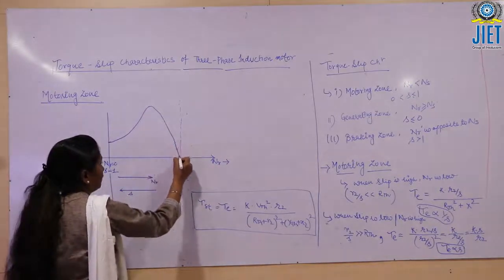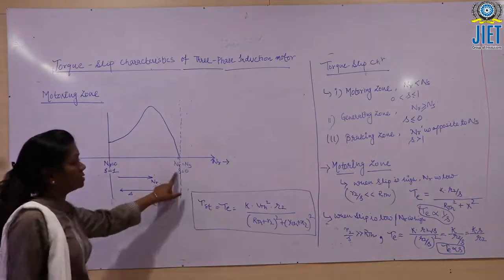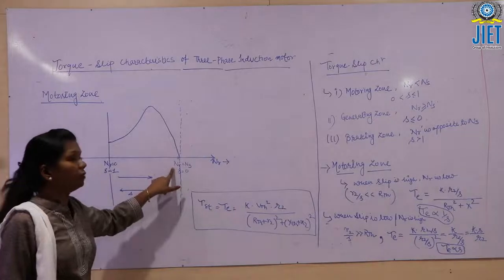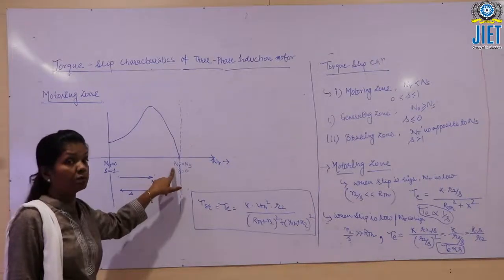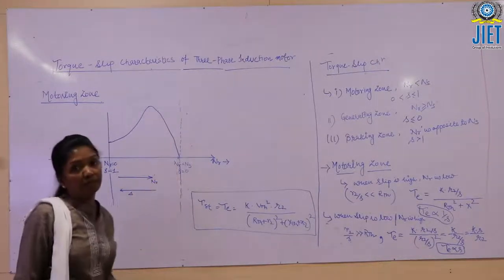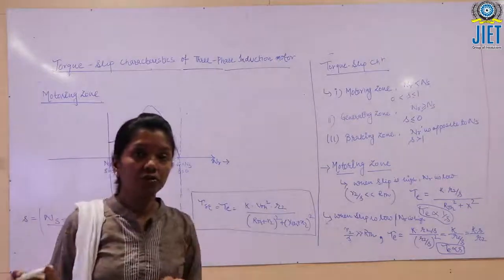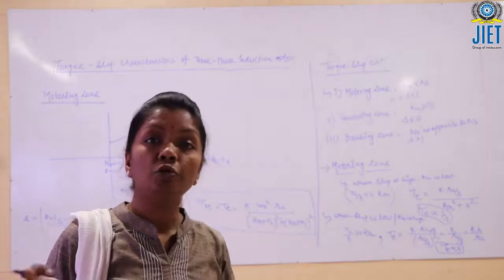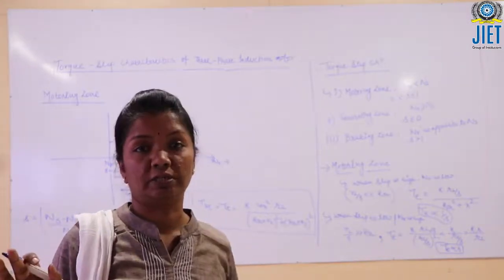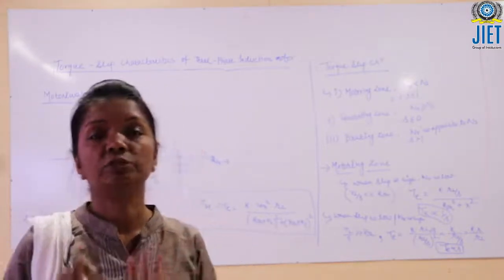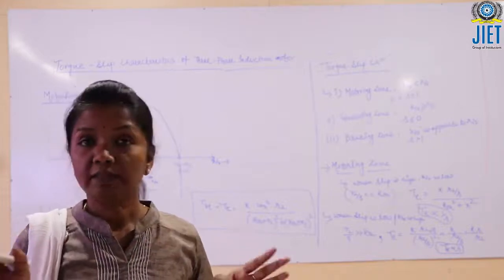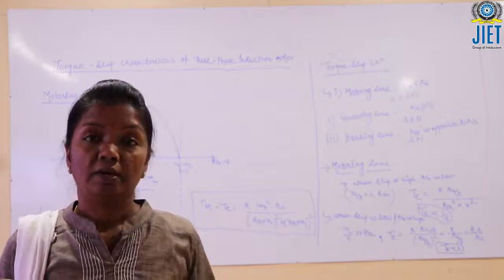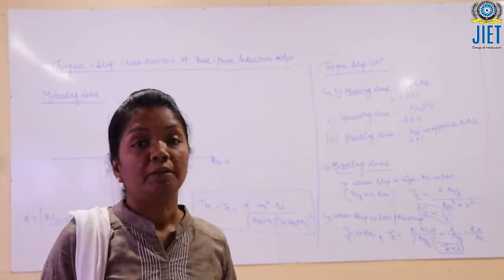And when the slip is zero, or the speed of motor becomes synchronous speed, at that time basically no current flows in the rotor circuit, that means no power is transferred to the rotor circuit. So torque is also zero. And that's why the induction motor cannot run at the synchronous speed by itself.